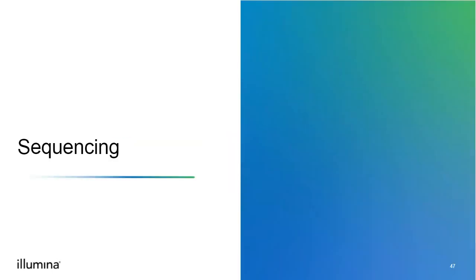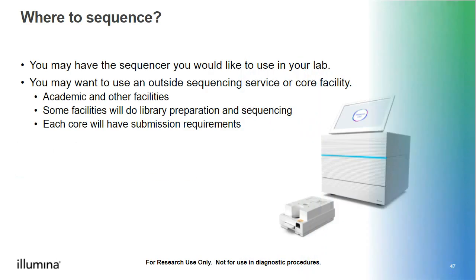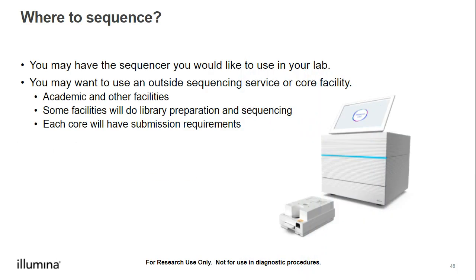So now that we have prepared our libraries, we can go ahead and proceed with sequencing. Our first question is where to sequence. You may have the sequencer you'd like to use in your lab already. You may instead want to use a sequencing service or core facility. These facilities may be academic or non-academic providers.